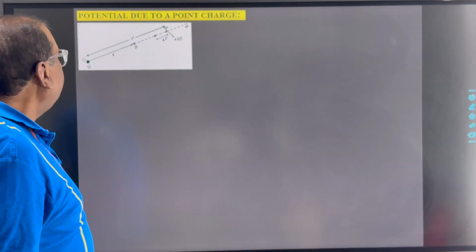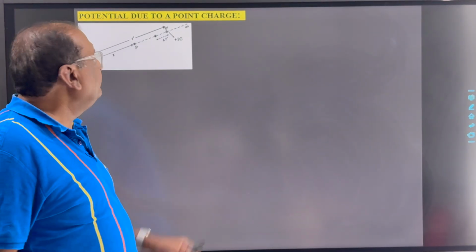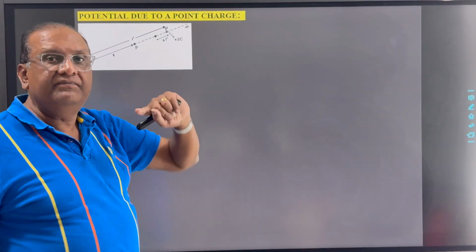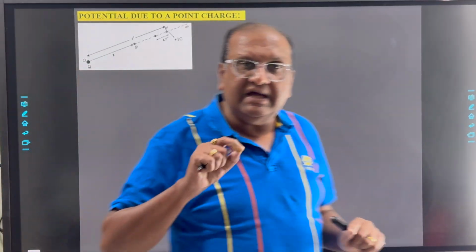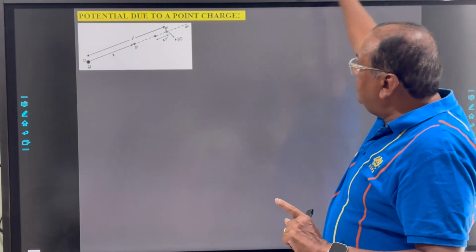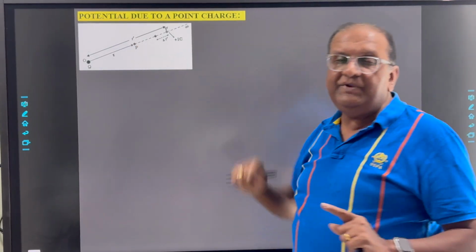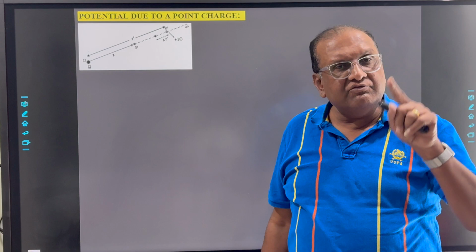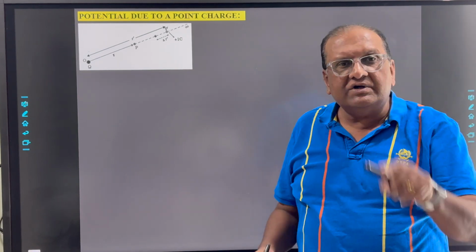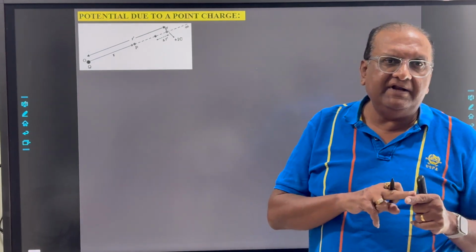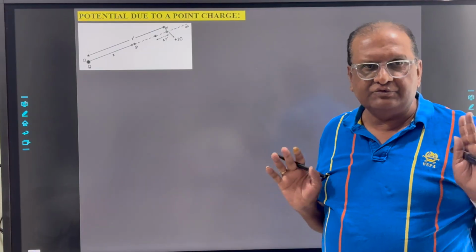For that, as per definition, we have to bring unit positive charge from infinity to this point P, and we have to calculate the total work done against the field in this particular process.